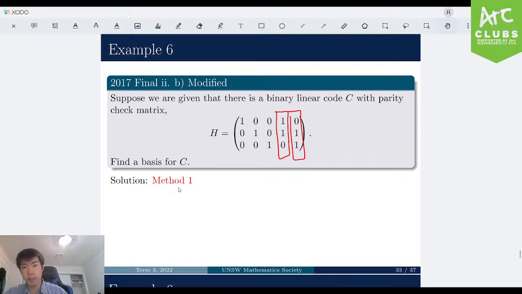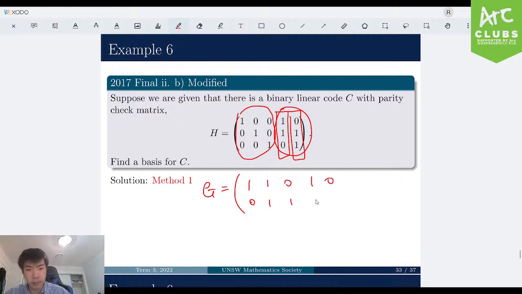The faster method here is to note that H is given to us in standard form. We have some identity matrix here, and then some other matrix B here. And so we can get our G straight away as being this matrix at the back, transposed. So 1, 0 becomes 1, 0, 1, 1 becomes 1, 1, 0 becomes 0, 1, and then the identity at the back.